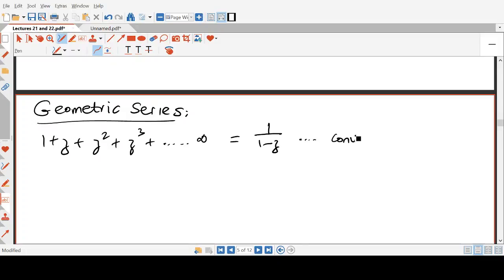It converges in the circle where the absolute value of z is less than 1. The radius has to be less than 1. And so inside that circle, the geometric series will converge. You remember this?